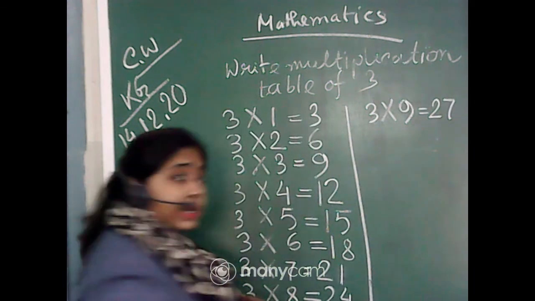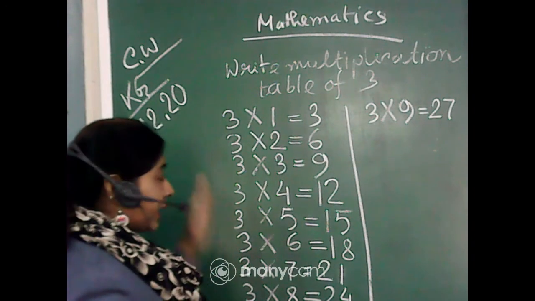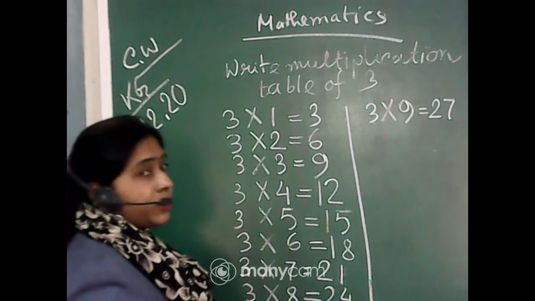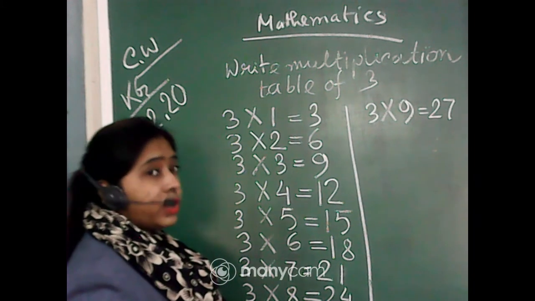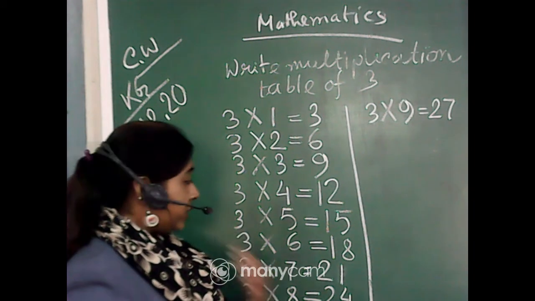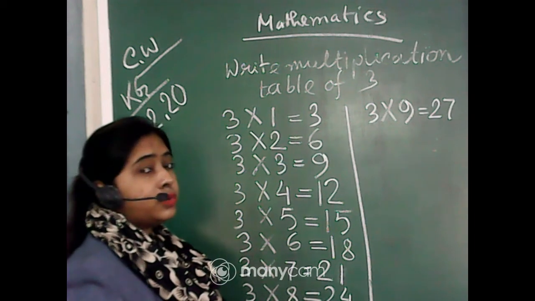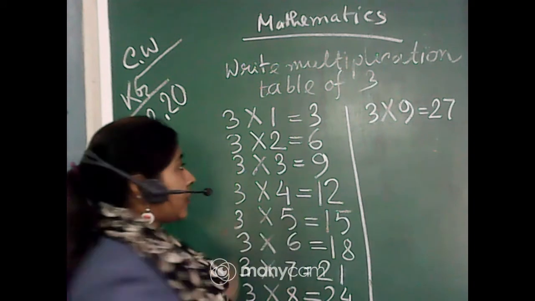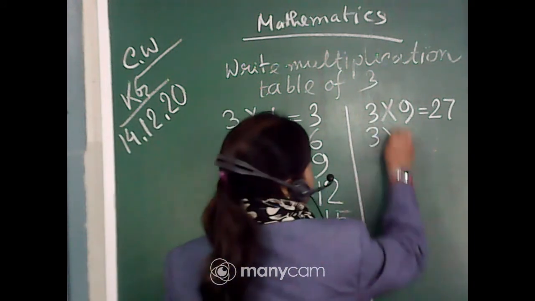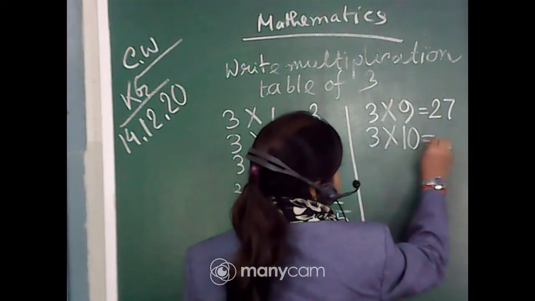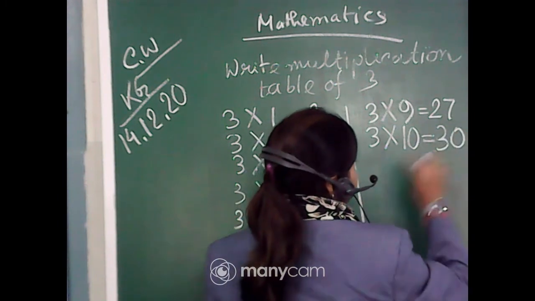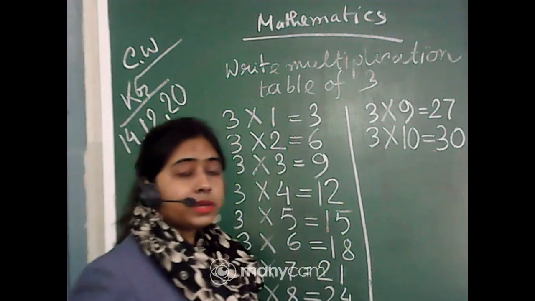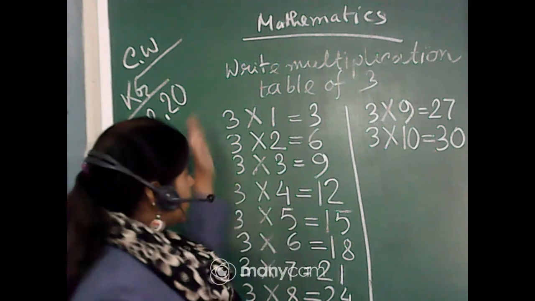But you continue vertically like this, writing downwards, one below the other. The lower portion of the board is not visible to you, because of this I am writing on the right side. Next, 3 multiplied by 10 is equal to 30. So 3 tens are 30.